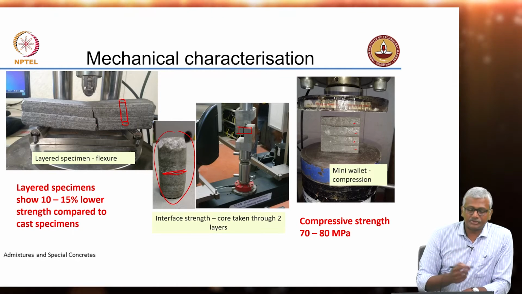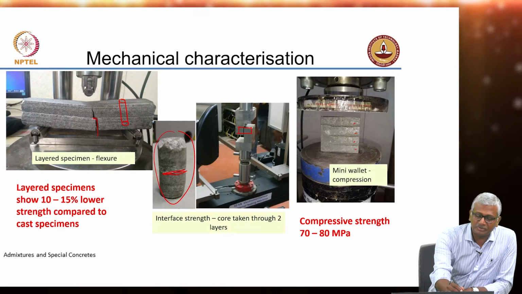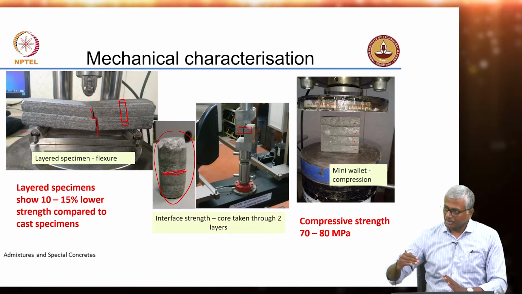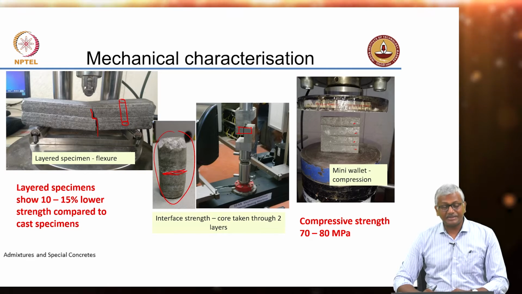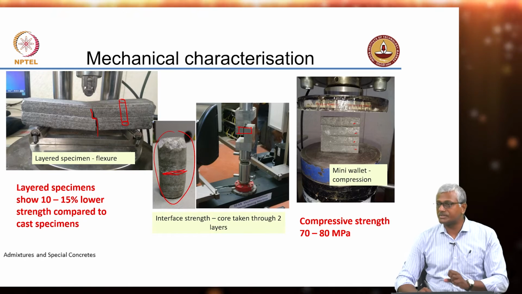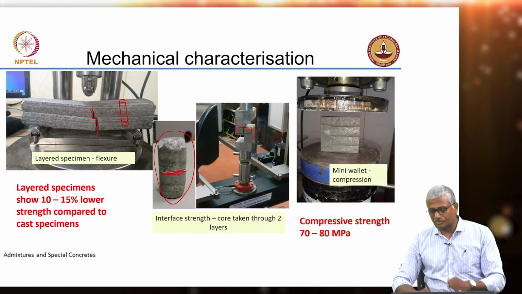And of course, the flexural test also indicates that while the failure is similar to normal concrete, there seems to be some deviation at the layer. So, there is some passing of the crack at the layer. So, overall it was seen that the layered specimens were seen to show about 10 to 15% lower strength than specimens that were mold cast, that were put in the molds.